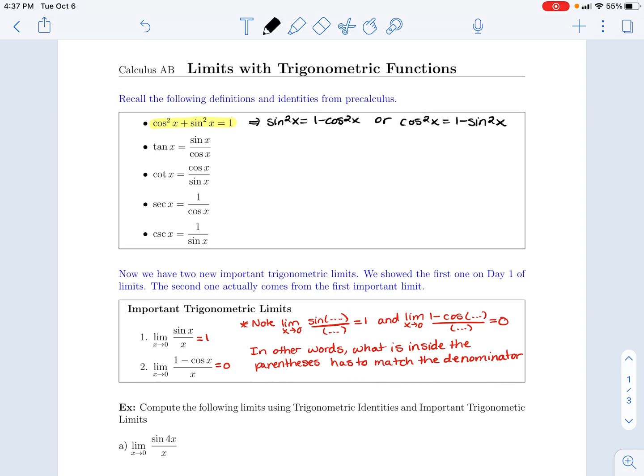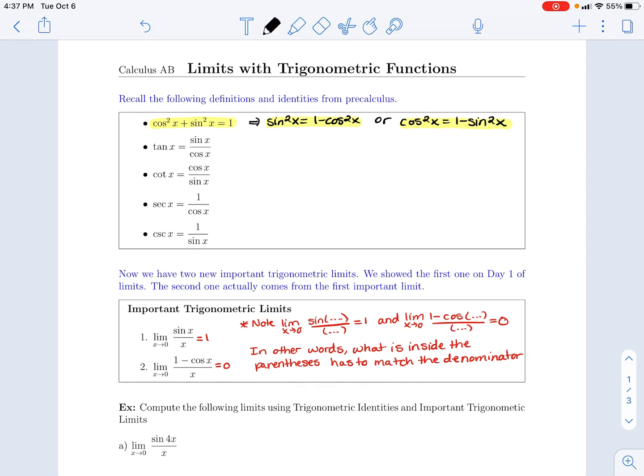Okay, because really these things that I'm writing are super important for you to remember. Okay, and the things that I just wrote really just come from this bullet point here, this identity.